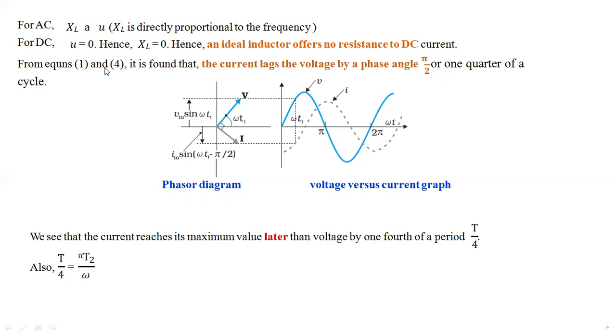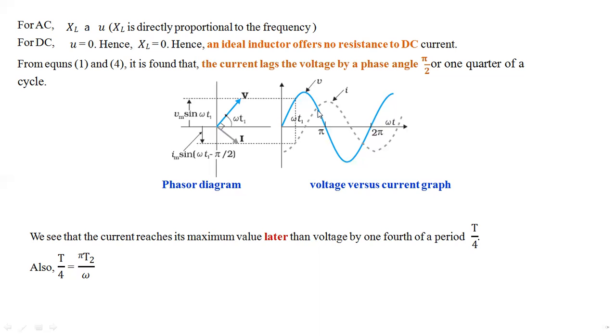So from equations 1 and 4, what did we get? We conclude that the current lags the voltage by a phase angle of pi by 2, or 1/4 of a cycle. See here the waveforms of current and voltage.